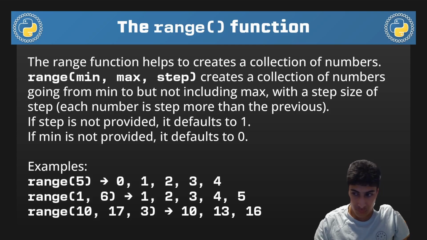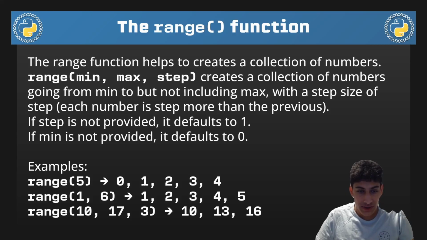So for example, if you put just the number 5 in the range function, then it'll start from 0 and keep adding 1 until it reaches 5, but it won't include 5. So it's 0, 1, 2, 3, and 4. However, range of 1 through 6 gives 1, 2, 3, 4, and 5.